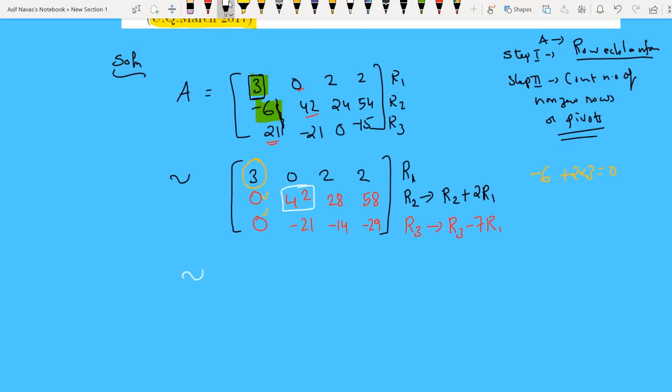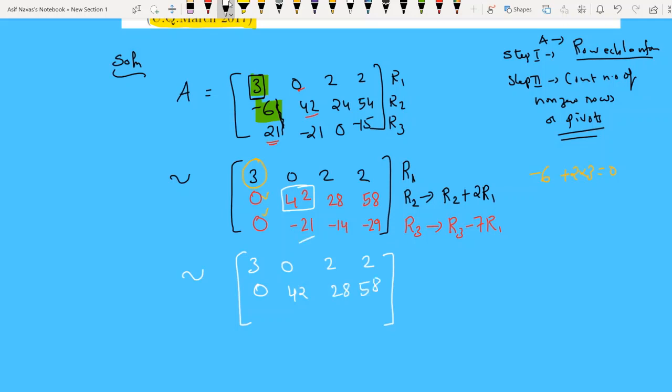Now we will make the row operation. So we can write the first row as itself, 0, 3, 0, 2, 2, and the second row, the pivot row, we can write as itself: 42, 28, 58.